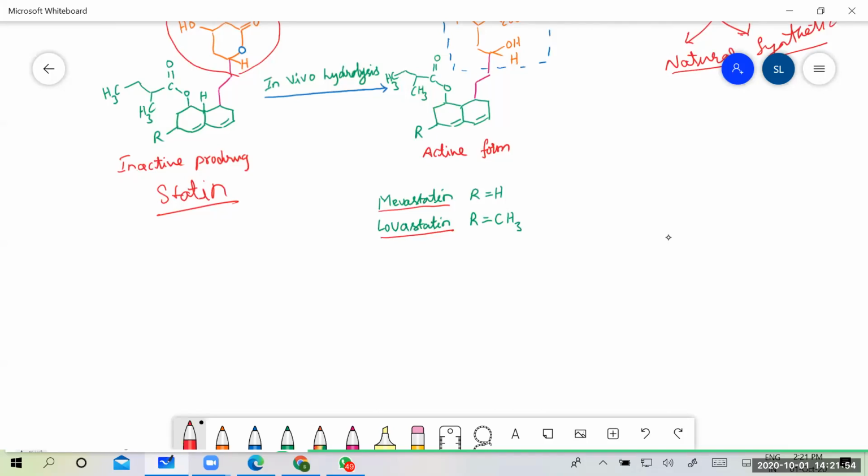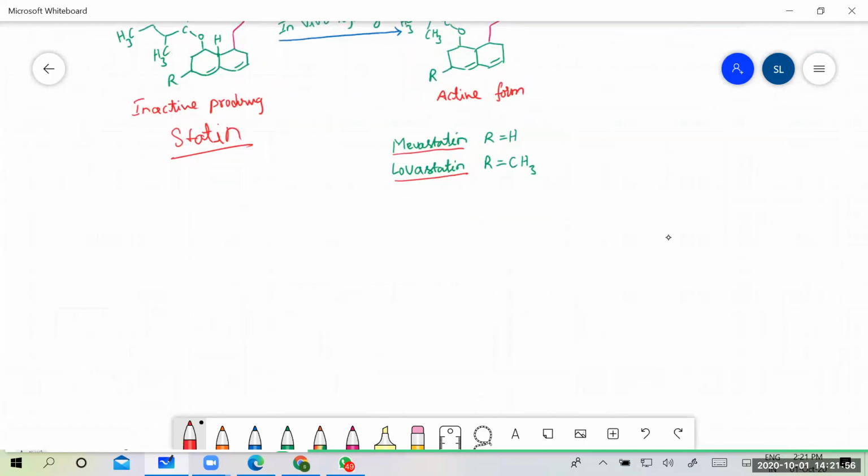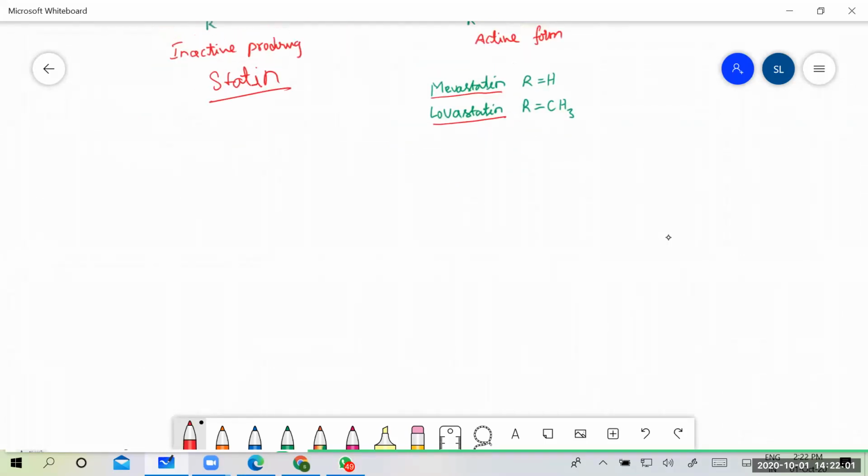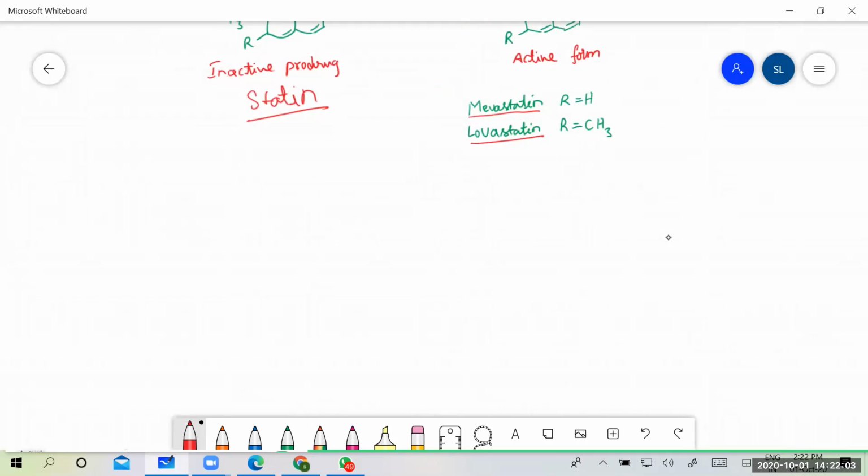Then coming to the SAR, and the sources here. Mevastatin, this is also an important point that you should remember, is isolated from Penicillium species.